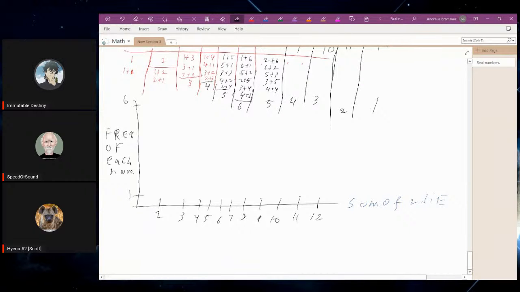So 1 is at 6. This is going to be 5, 4, 3, 2. So the distribution, if you really are kind of quick about drawing it, looks like this, or rather 2, and there's 5 on this one.